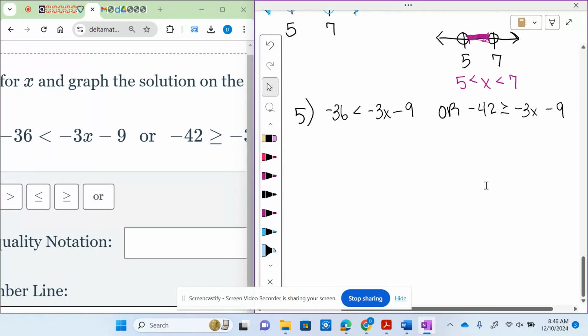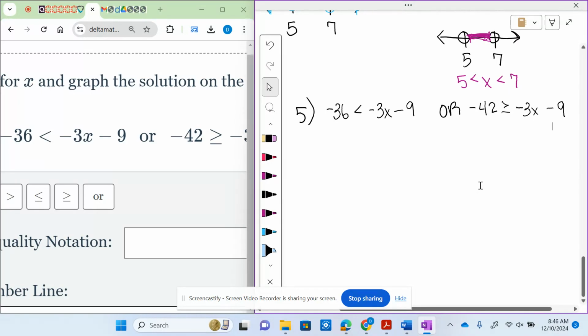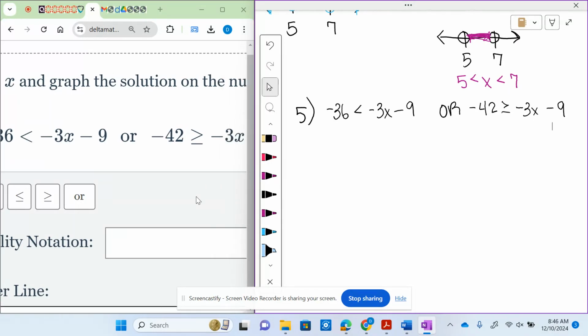So we have to work these individually. You have two inequalities. So when I look at this first inequality, what do you want to do?